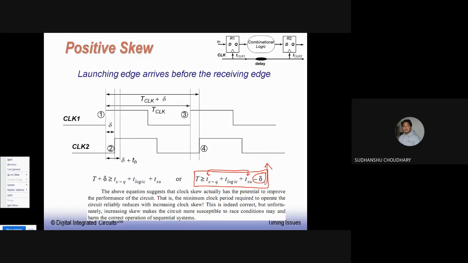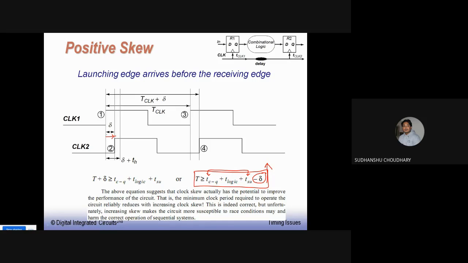will also create race conditions. This combinational logic has to present data at edge number 4. But imagine if the delay of this combinational logic plus the delay of this flip-flop is very small, smaller than delta.